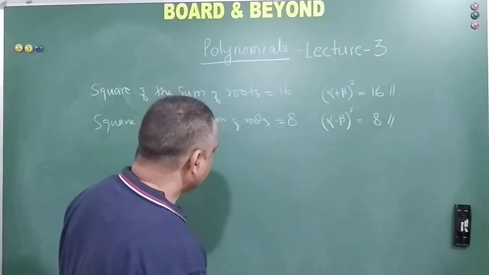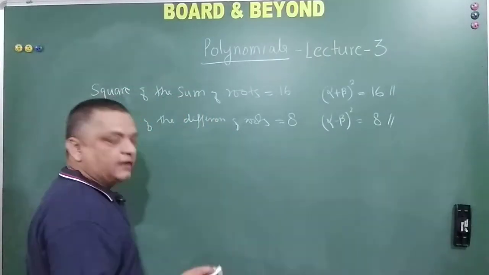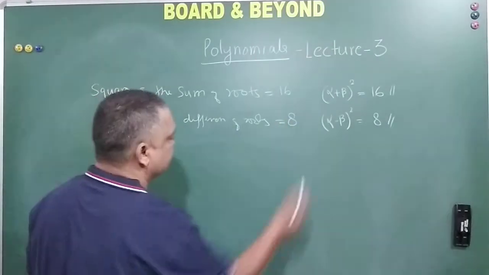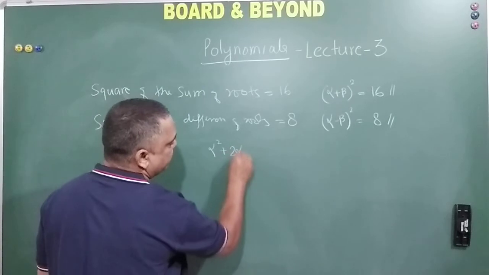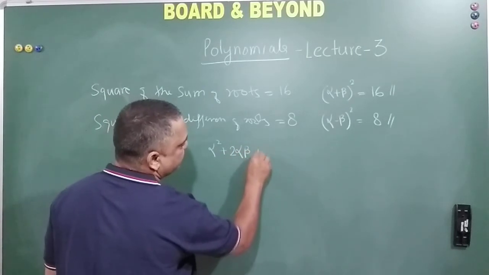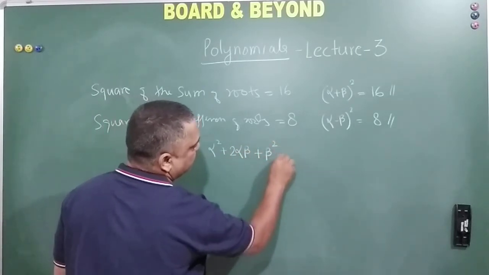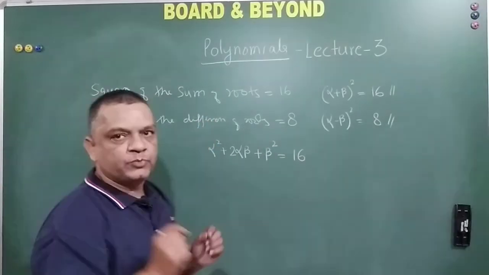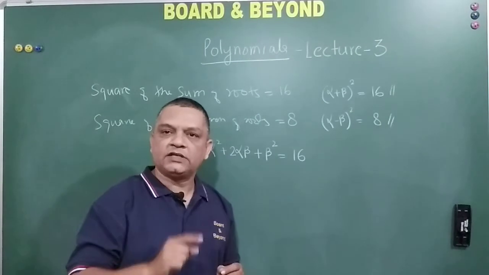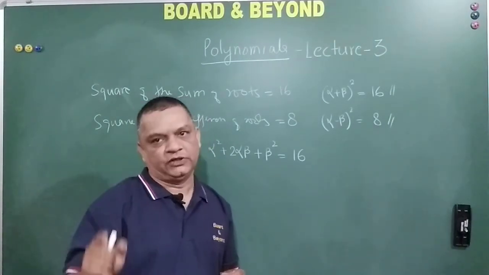Now friends, let's expand this. Alpha square plus 2 alpha beta plus beta square is equal to 16. I'm just using the property a plus b whole square is equal to a square plus 2ab plus b square.